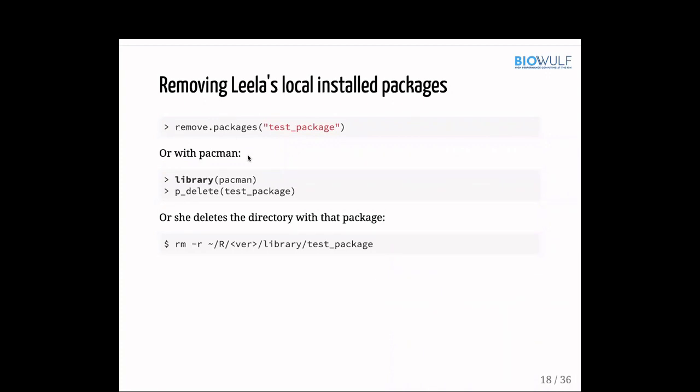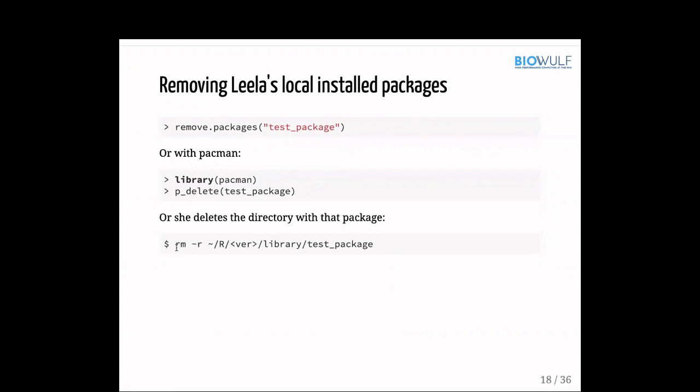There are multiple ways you can do the same thing. First, you can use remove.packages. This is a built-in function in R, but you have to add quotes. I use pacman; you just need to load pacman and you can delete a package without quotes.